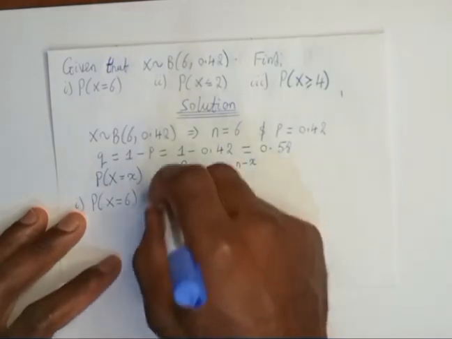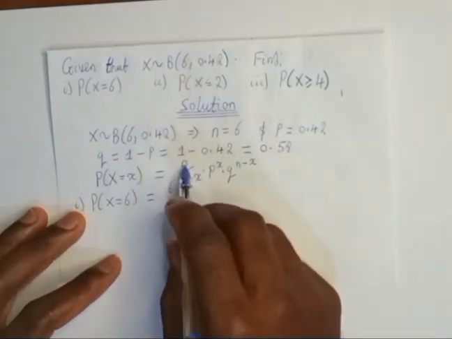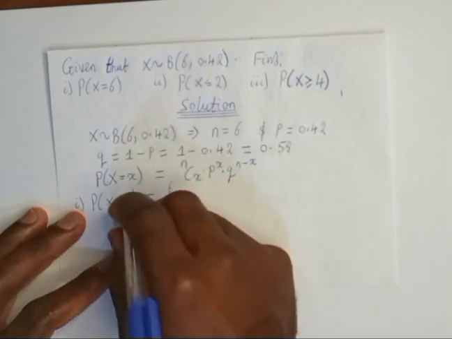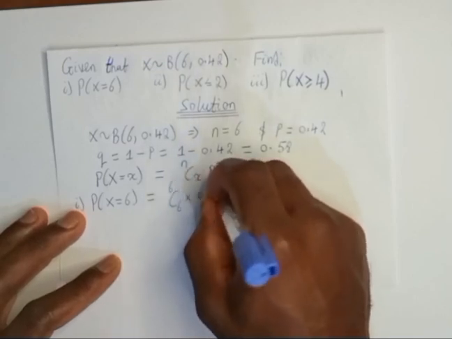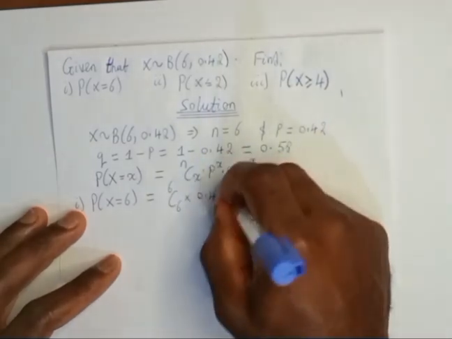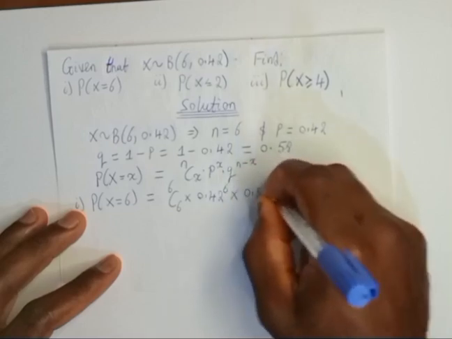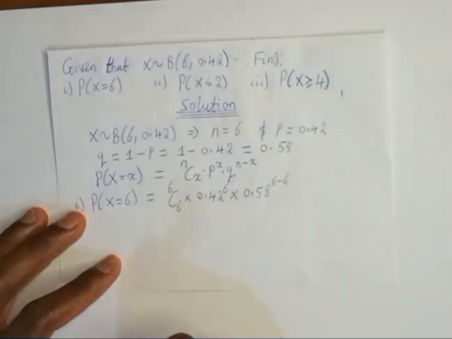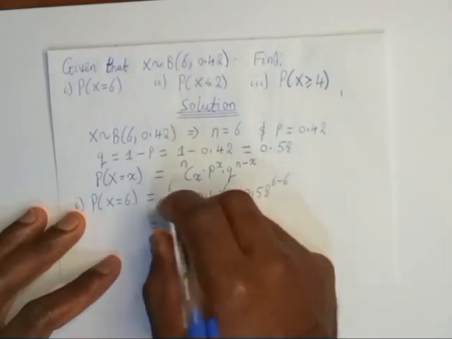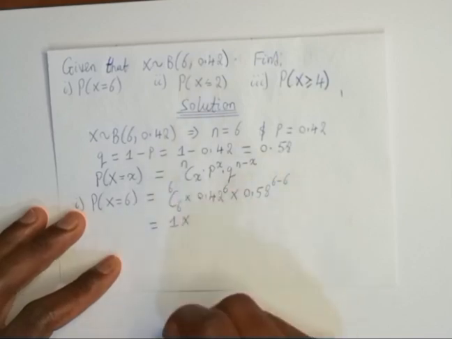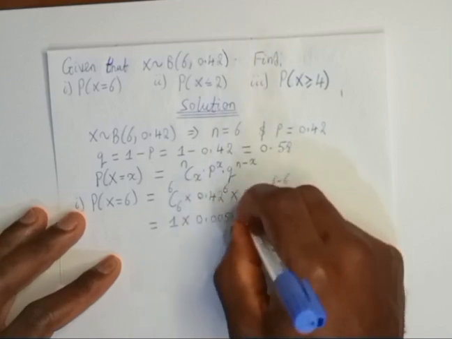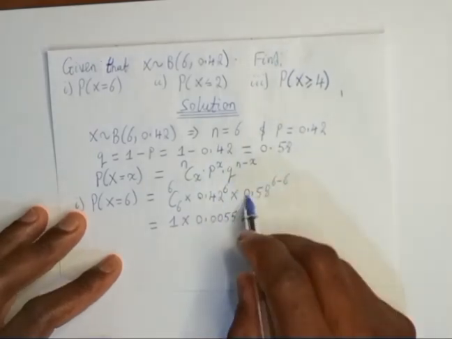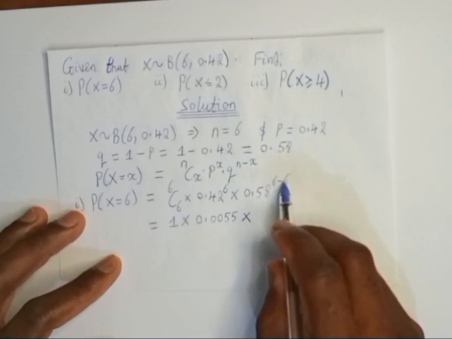This will simply be equal to 6, because n is equal to 6, combination 6 times p, which is 0.42, we raise it to the power 6, times q, which is 0.58, we raise it to the power 6 minus 6. This will simply be equal to 6 combination 6 gives 1 times 0.42 raised to the power 6, it gives us 0.0055 to 4 decimal places, times 0.58 raised to the power 6 minus 6.